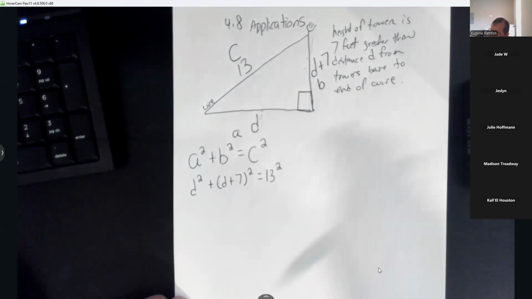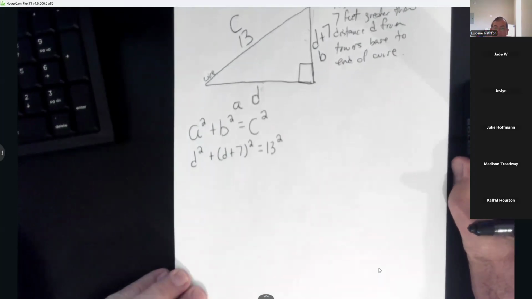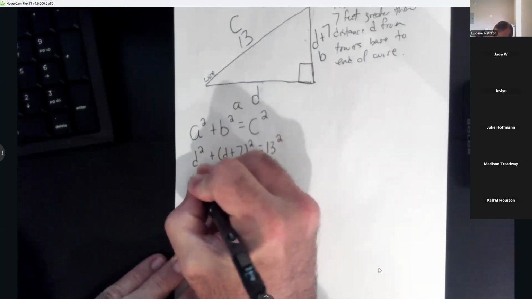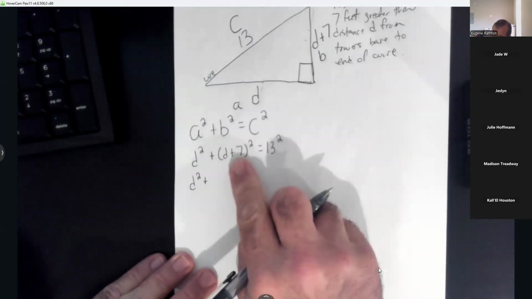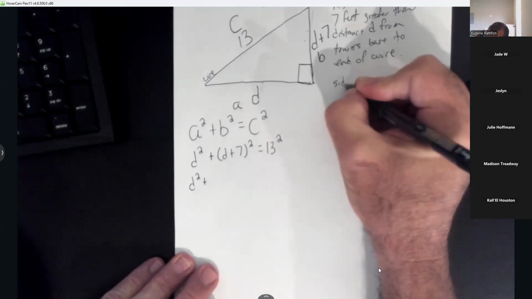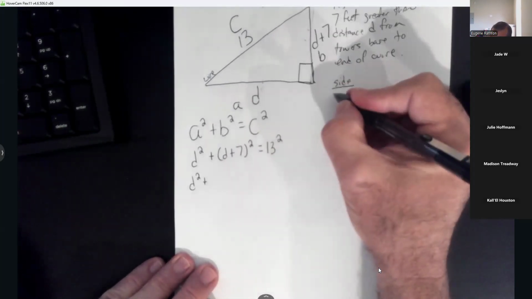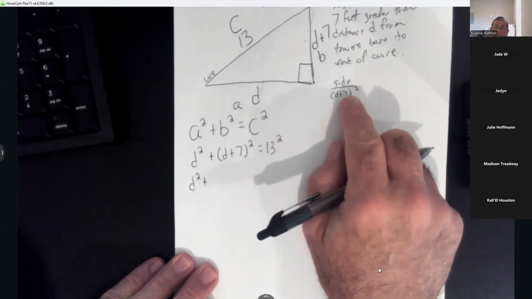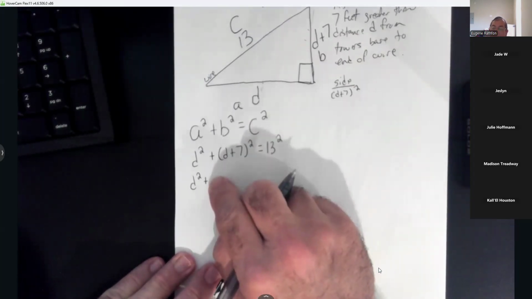Okay. So next, I'm going to work this. I cannot do nothing to the D squared. But let me work on the side here and figure out what D plus 7 squared equals. Because once I figure that out, I'll put it down here.